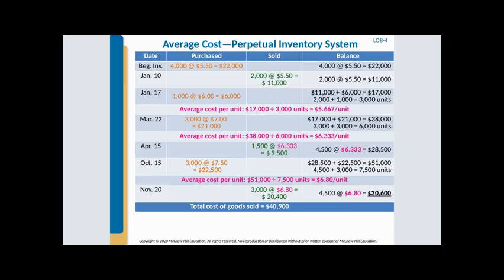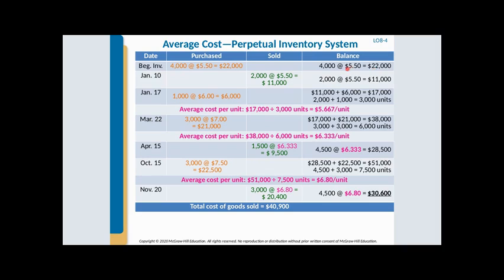With the perpetual inventory system, we have to calculate the average cost per unit once we have a purchase. At every purchase, we should calculate an average, and we're going to use that average for the sale and the units that remain in inventory. For example, here we start with our purchase, 4,000 units at $5.50.